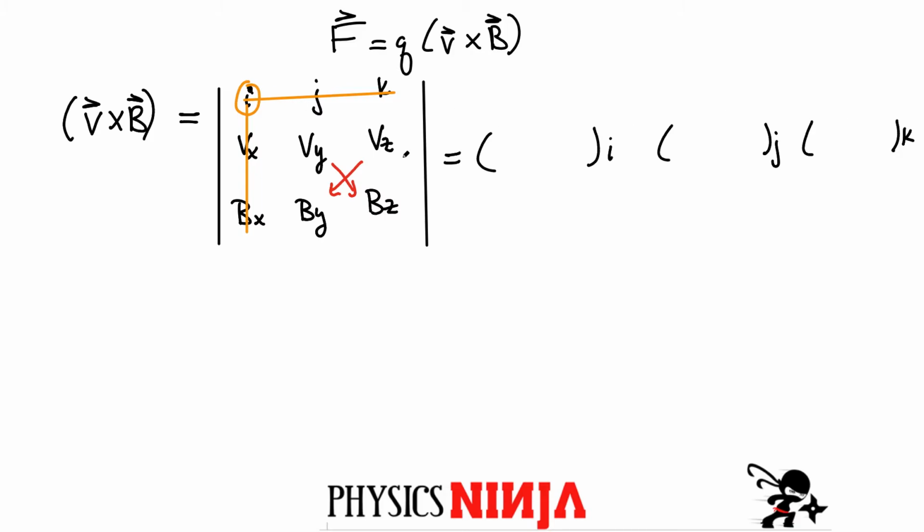So the i component looks like this: it's Vy multiplied by the z component of the magnetic field, minus Vz multiplied by By. That is the i component, or the x component, of this result V cross B. That case is pretty straightforward. Let's eliminate this one and find the next one.